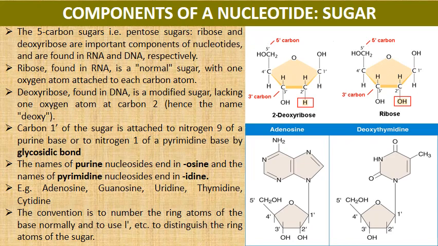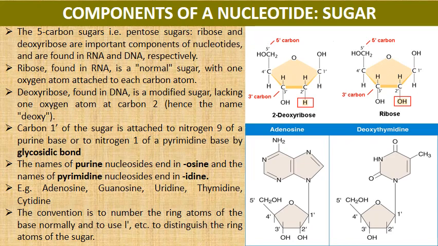The names of purine nucleosides end in osine and names of pyrimidine nucleosides end in idine. Examples of purine nucleosides are adenosine and guanosine, while examples of pyrimidine nucleosides are uridine, thymidine and cytidine.